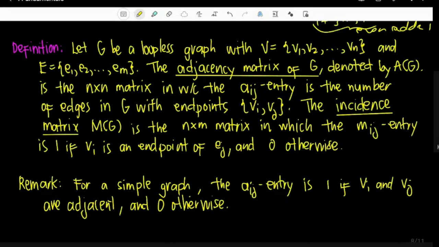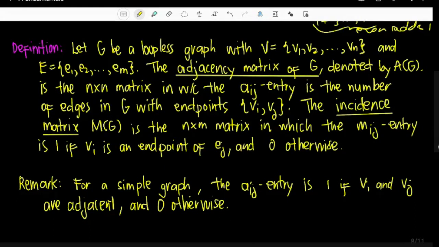So, gagawa ka lang ng matrix na ang magiging entry, ika-count mo lang yung number of edges between the two vertices. Halimbawa, ang entry ng 1, 1 is 0, because you're taking vertex 1 and vertex 1, which is the same vertex. So, there can be no loop.